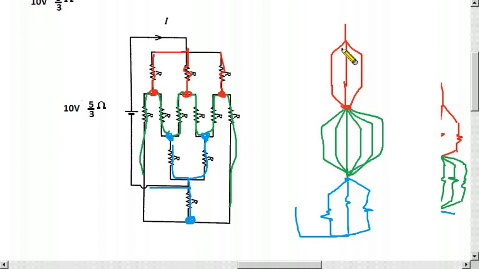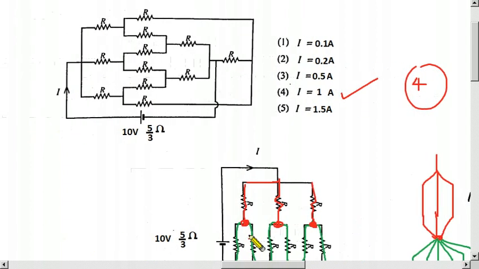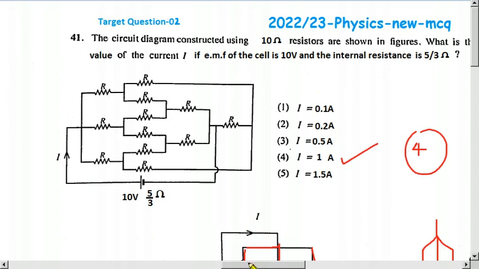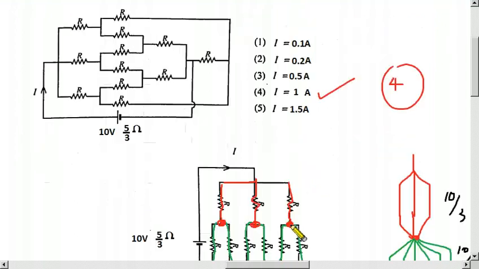So you get the same answer. You see, 10 divided by 3, 10 divided by 6, 10 divided by 3. Same answer, you don't have to calculate. So the answer is 1 ampere, the fourth one. Here I gave this problem for you to learn how to simplify circuits. Even though the answer is the same, simplify the circuit.